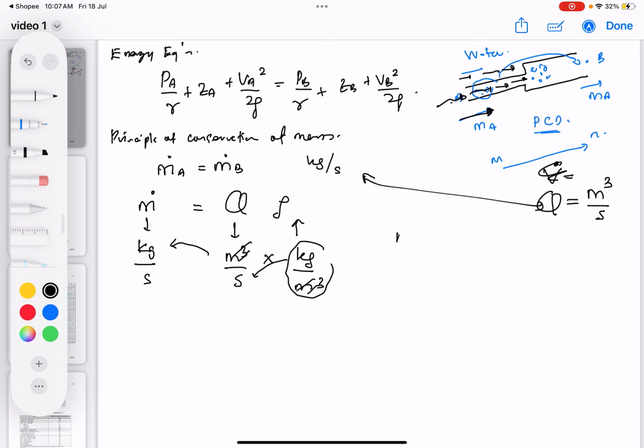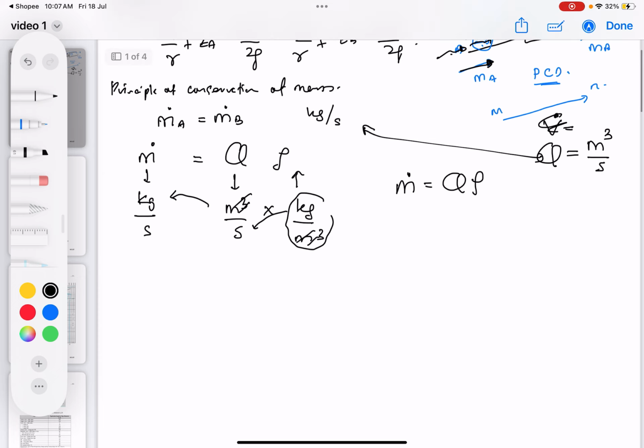So I can say that mass flow rate is equal to flow rate multiplied by density. So this equation can be rewritten as volumetric flow rate at point A multiplied by density at point A should equal flow rate at point B multiplied by density at point B.